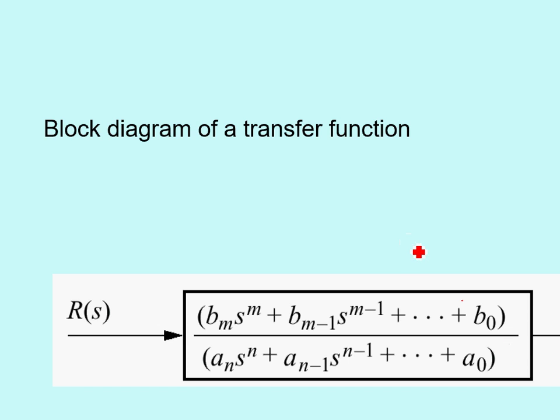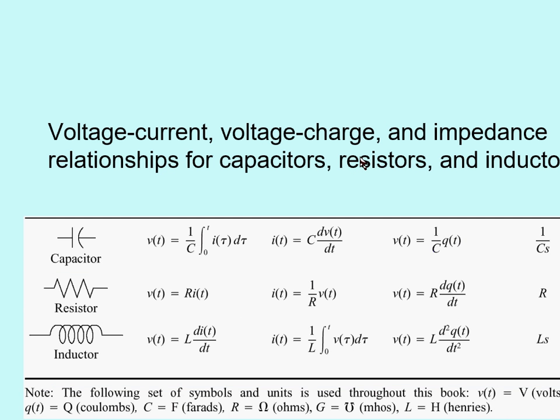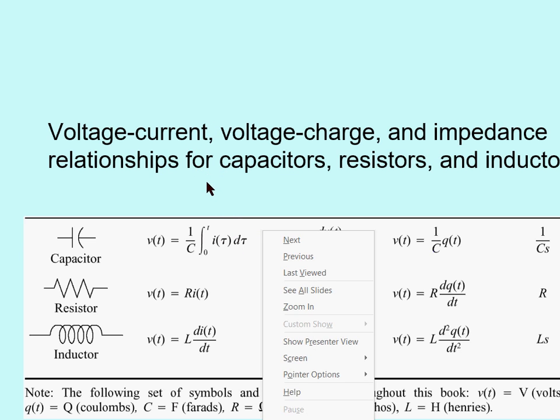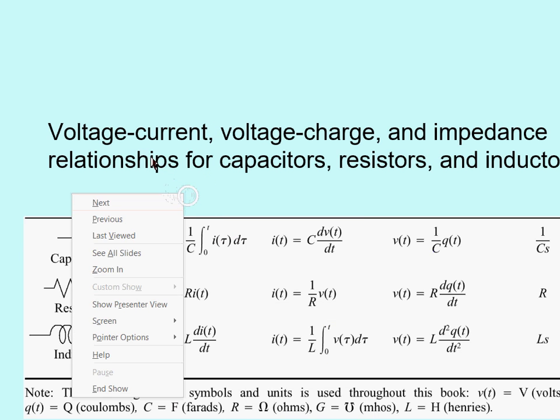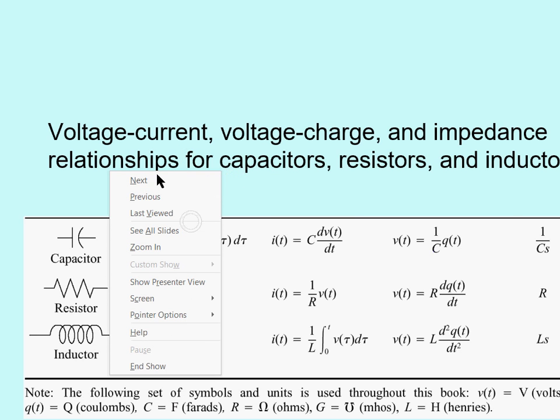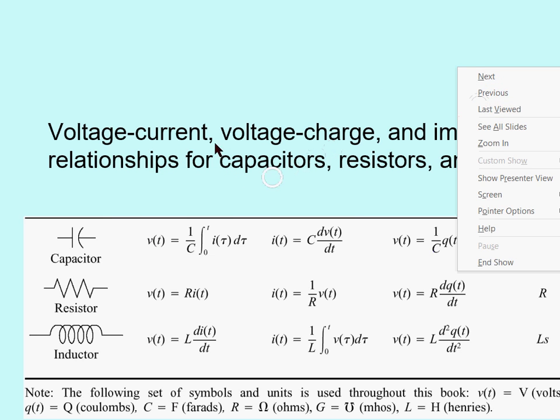So if you look in detail at what we have done on the equations of each one of the elements that make up a system, you will see that in here you have a capacitor, and the voltage is 1 over C times the integral of i dt.